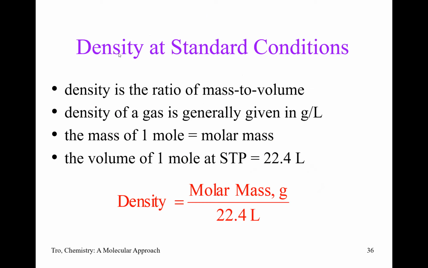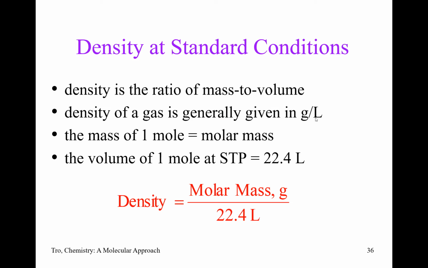Okay, density we already learned about, right? That's mass divided by volume. So we treat the gases the same with the ideal gas law, but the molar masses of the gas aren't the same. So there'll be different densities of gases. The density of a gas is in grams per liter.